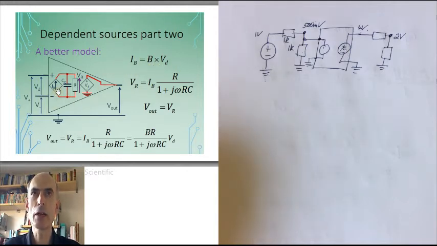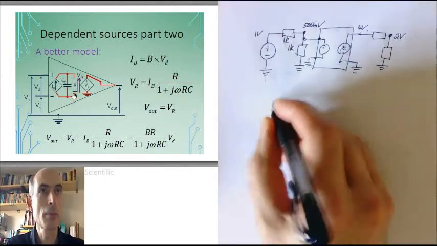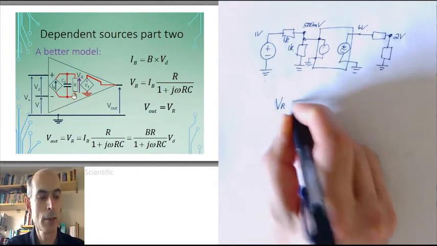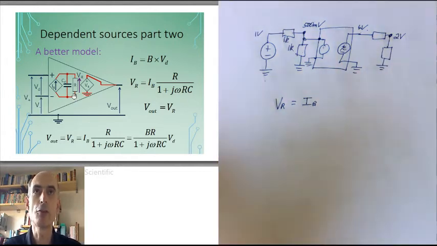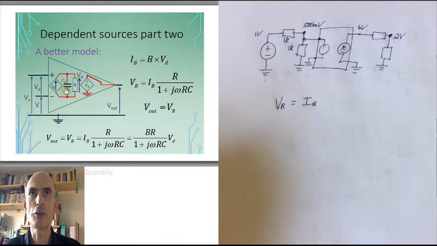IB is now driving into a parallel combination of a capacitor and a resistor. So that generates a voltage across the resistor given by the current flowing times the impedance that the current is flowing through. The impedance the current is flowing through is the parallel combination of this resistor and this capacitor.